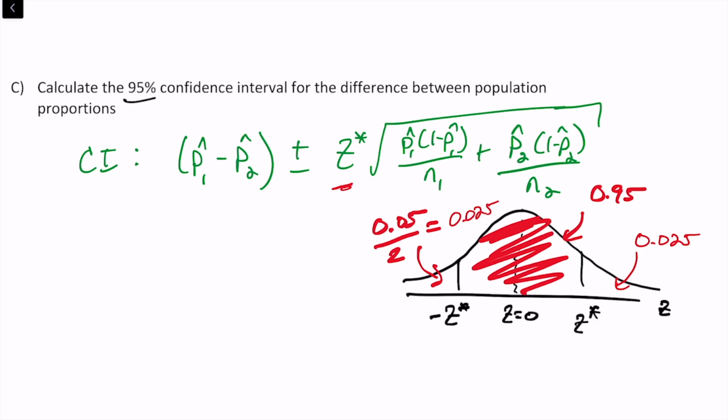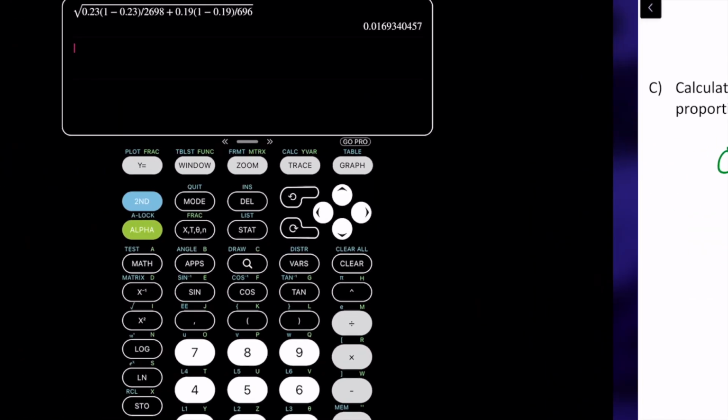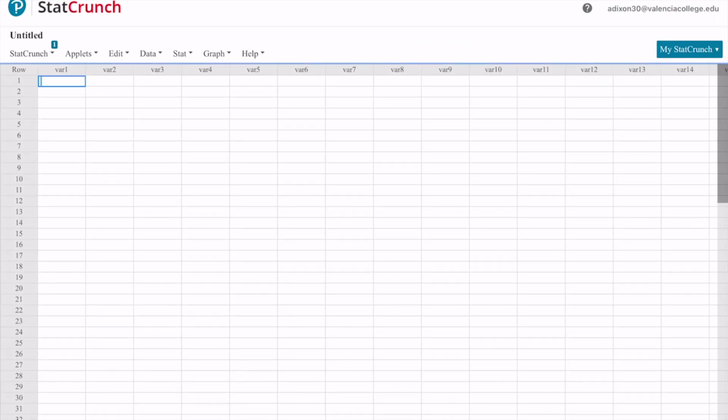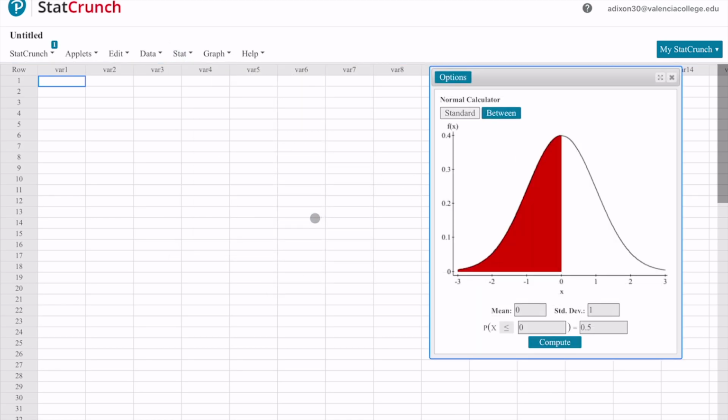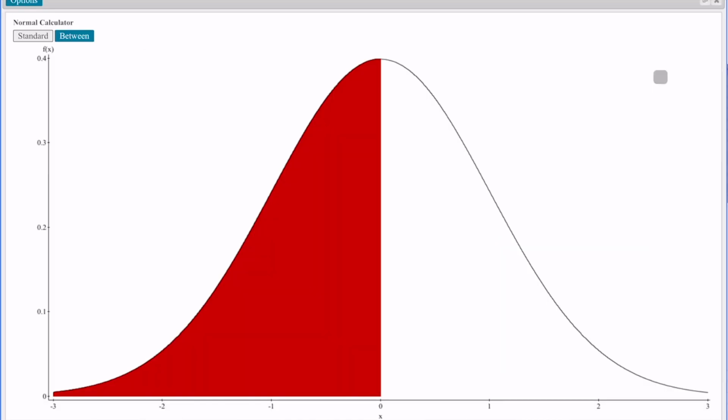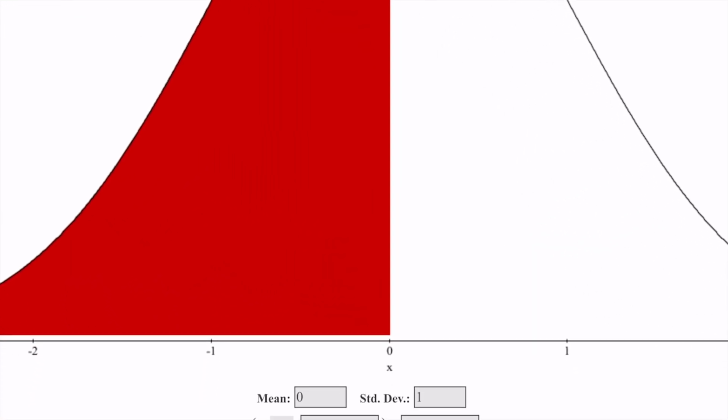Okay, so now we're going to go to StatCrunch. Remember, we go to Stat, we go to Calculators, and we're going to the normal distribution. Let me make it nice and big for you folks.